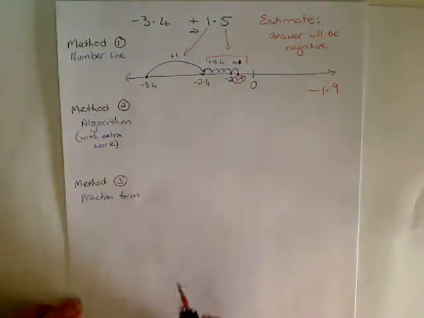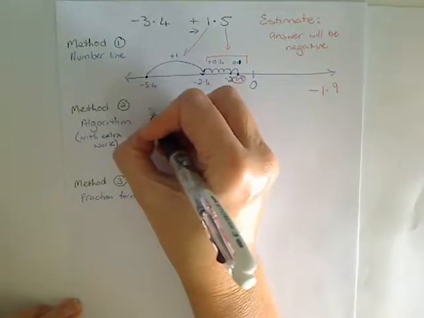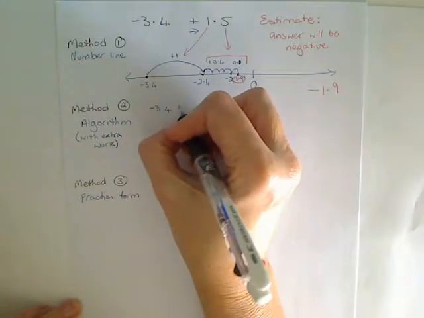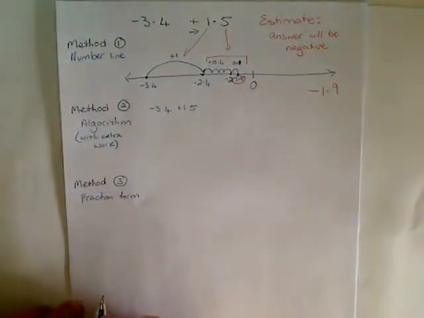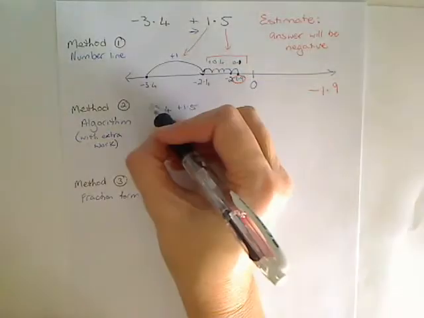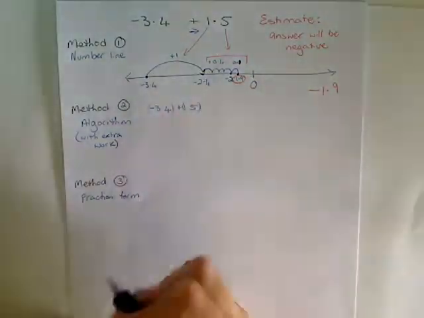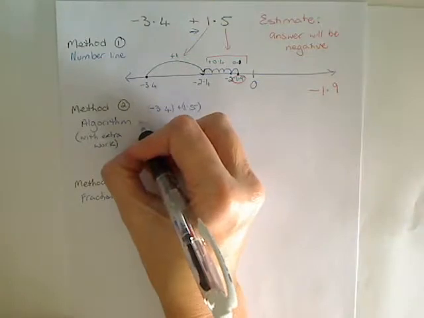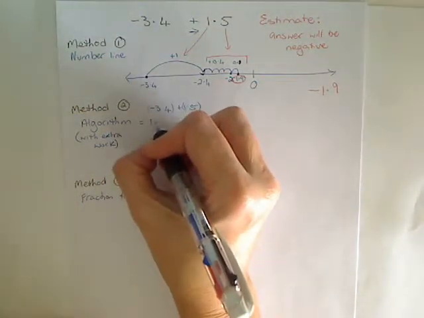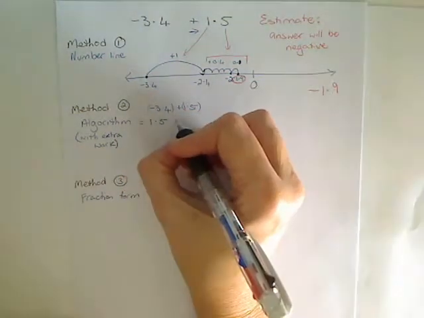When negative numbers are involved, the algorithm too becomes a little bit more complicated, and there's a bit of thinking before you can use it. So I'm just going to write down negative 3.4 plus 1.5, just copying down the question. I'm going to rearrange this because I've actually got 2 numbers that are being added together, and the commutative law says that we can add 2 numbers in either order.